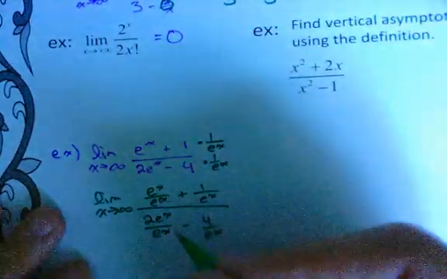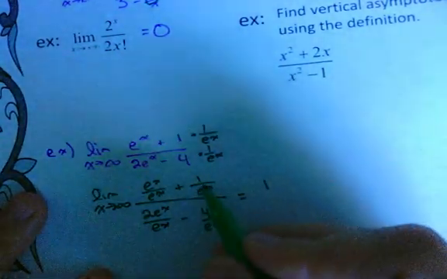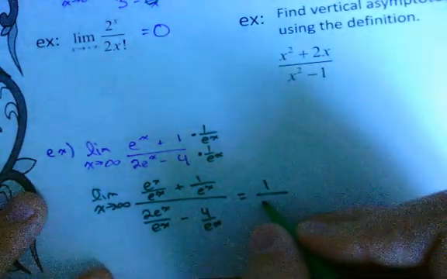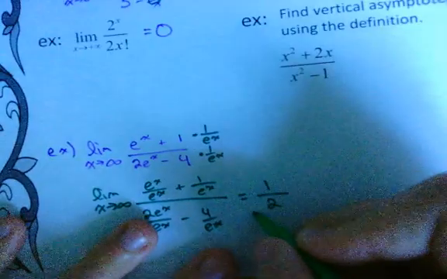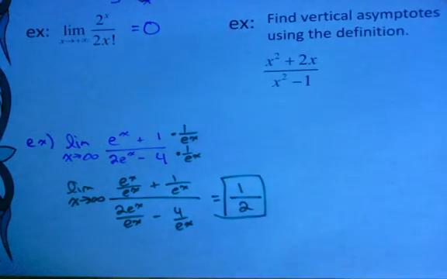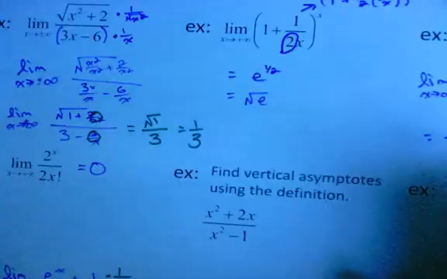So what's going to end up happening here is you're going to get a 1 on top, 1 plus 0, because those ones cancel out, all over 2 minus 0. So you get the answer of 1/2. Okay, so again, I made up that example just to show you that it works for more than just x squareds and x's.